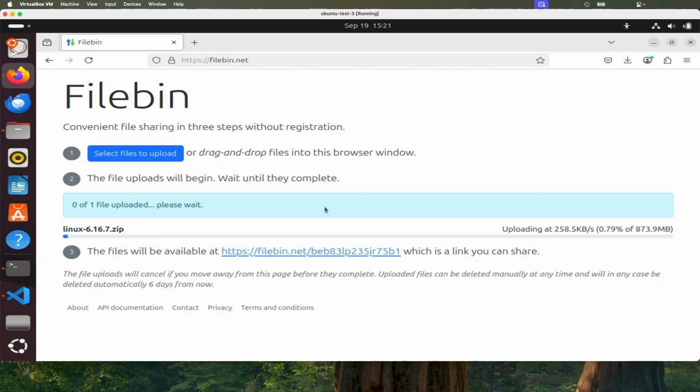About 250 kilobytes per second and 84% has been uploaded. The connection is still again about 155 kilobytes per second and 0.88% has been uploaded.